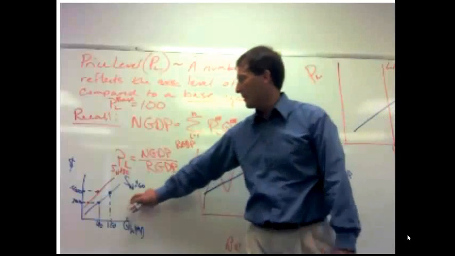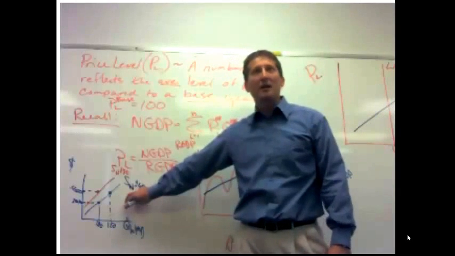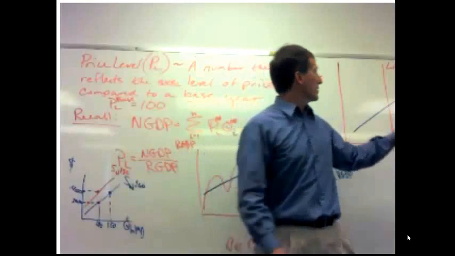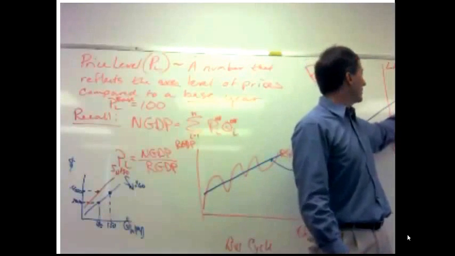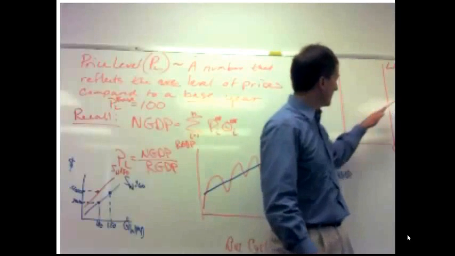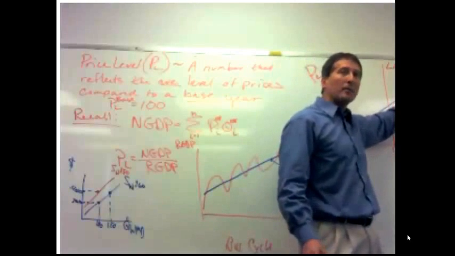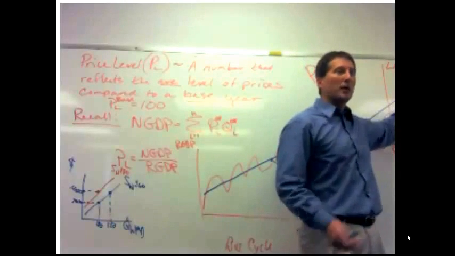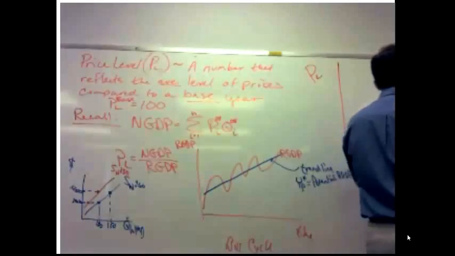Just like it happened for the weapons manufacturer, it happens for all businesses. We're going to hold resource prices constant along this curve. Resource prices are going to remain fixed.